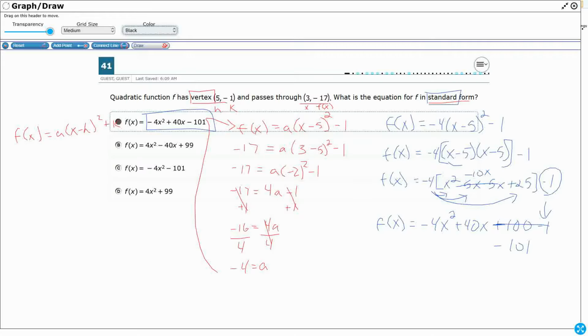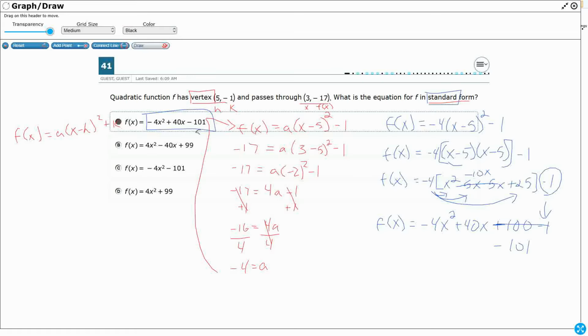And this one actually did better than you might have thought. 56% of our students were able to get this correct. 24% were choosing this, and you notice they got everything else the same, except they made a sign error, right? And so they ended up with that positive 100 rather than negative 100, almost like I did right there.